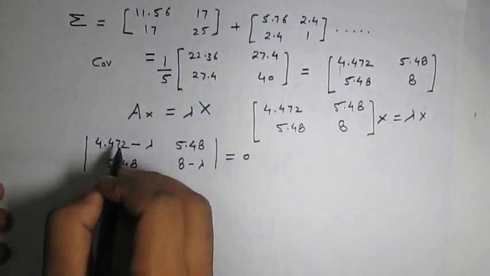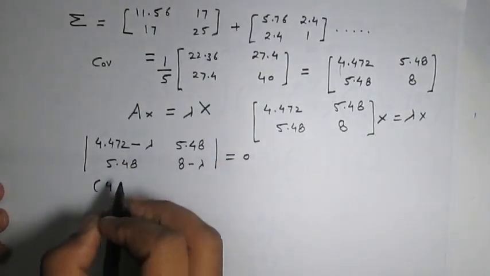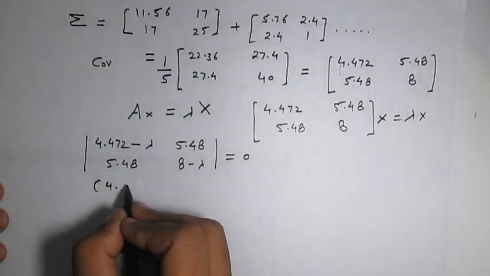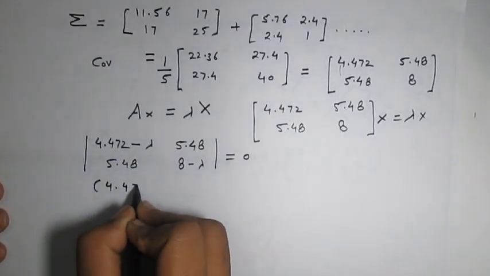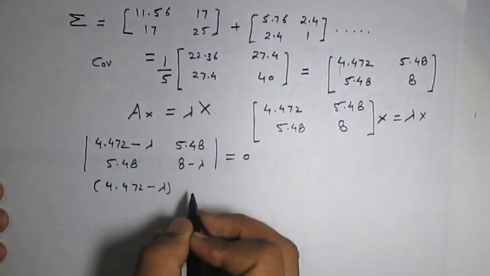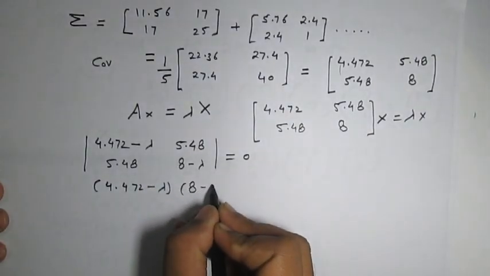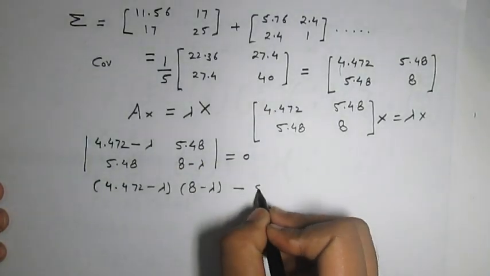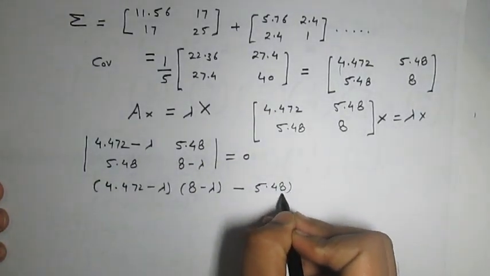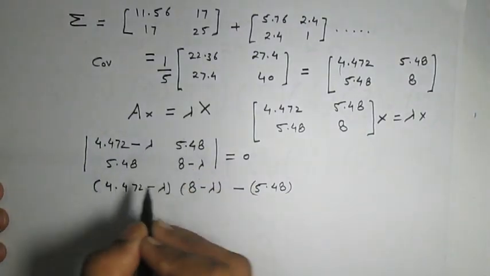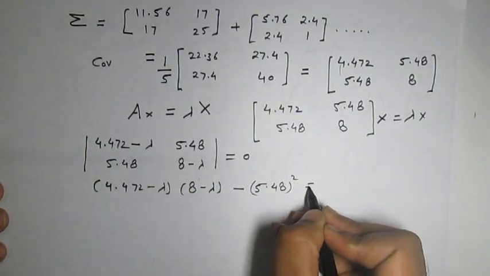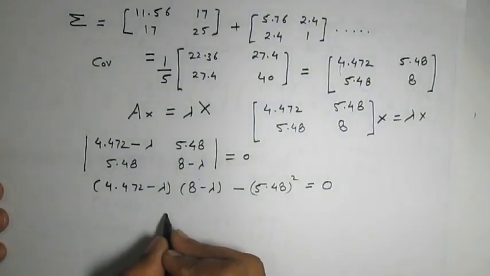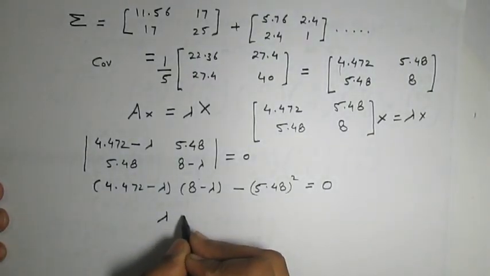Solving this determinant, this cross multiplication will be done: 4.472 minus lambda, 8 minus lambda, minus 5.48, this cross multiplication, equal to 0. By solving this, we get the lambda values.